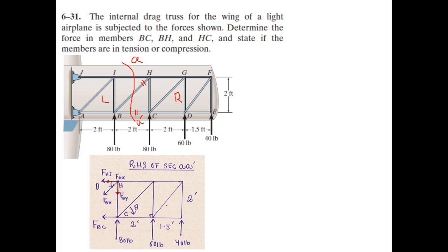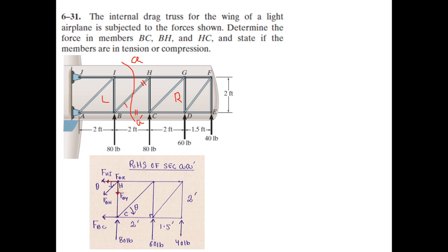And I have drawn the free body diagram of the right hand side. So you have to draw the entire right hand side, and you have to expose now the forces in these members HI, HB, and BC. So HI is a horizontal force because it is acting in this member, so it is going to act along the axis of this member. So BH is inclined at some angle theta.